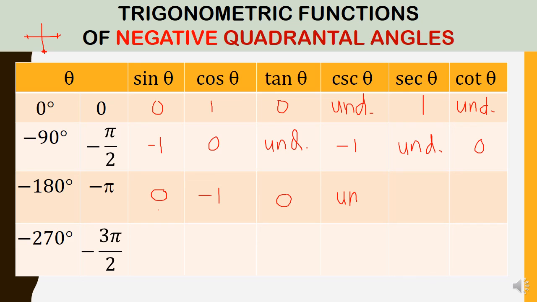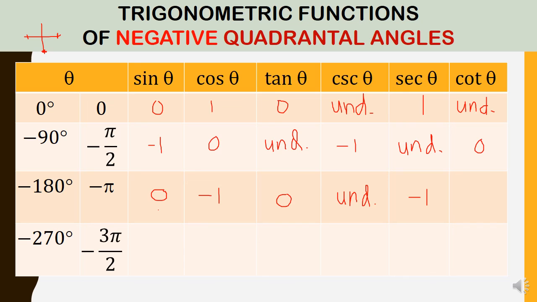Actually, one may also notice parang nag-alternate lang yung undefined, negative 1, undefined, negative 1 on this cosecant column. Sa tangent column naman, nag-alternate yung 0, undefined, and 0. By the way, dito pala undefined, negative 1, undefined, positive 1 later. Okay? Anyway, so, for secant theta, this is the reciprocal of cosine, so negative 1. Okay.